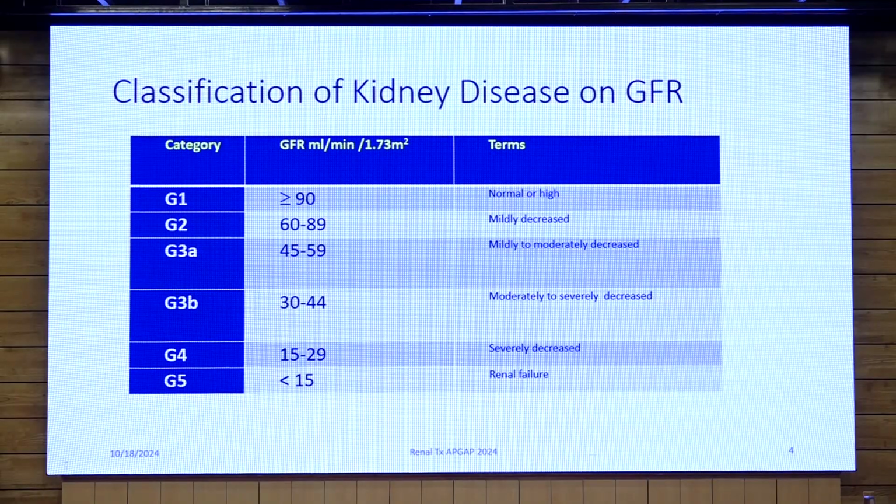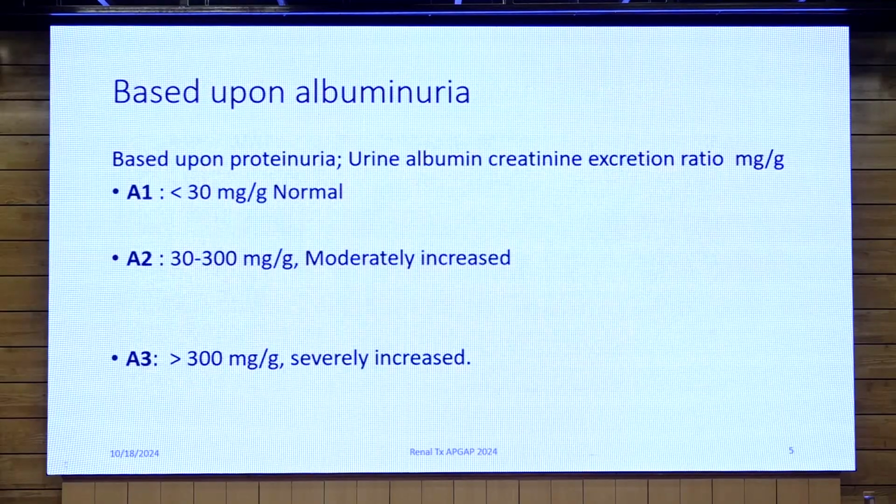Now, I'm just cutting the numbers and making them round. 60 to 90 is called mildly decreased. G3A is 45 to 60. 3B is 30 to 45. G4 is 15 to 30. And less than 15 ml per minute GFR is when you call it an end-stage renal disease. And even in that, some nephrologists would like to subdivide it as being dialysis dependent and not dialysis dependent.